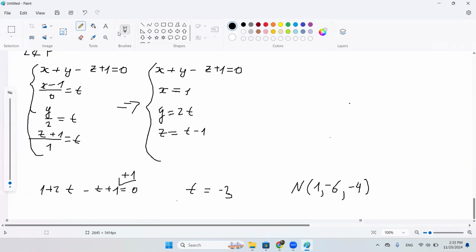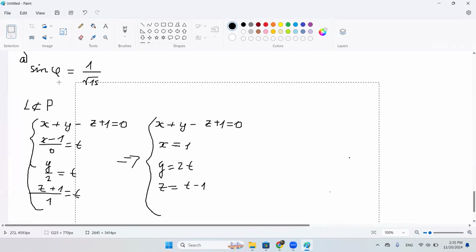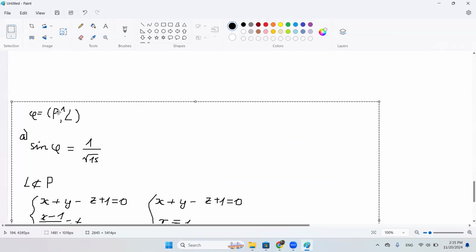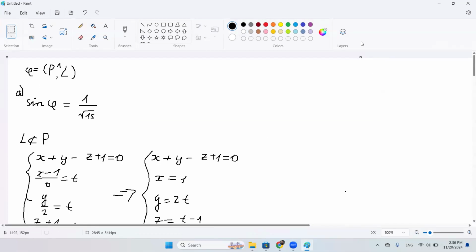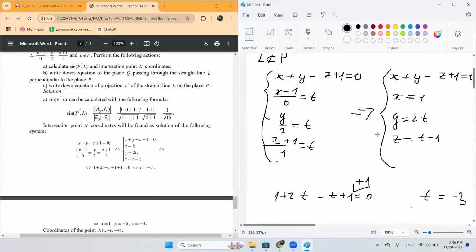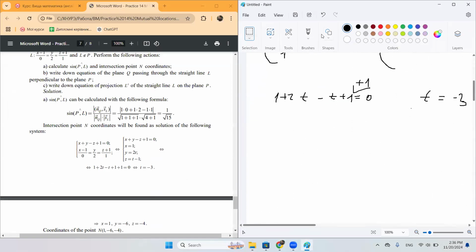It's not so good, but let's move it up. So L belongs to Q, and P is perpendicular to the plane Q.